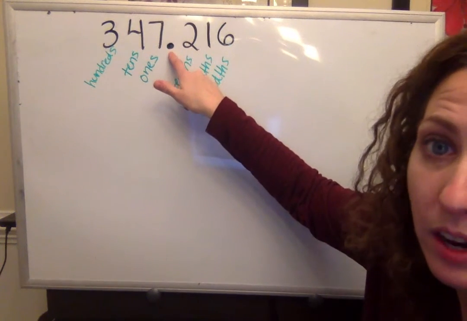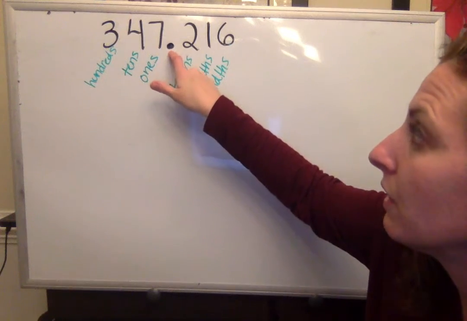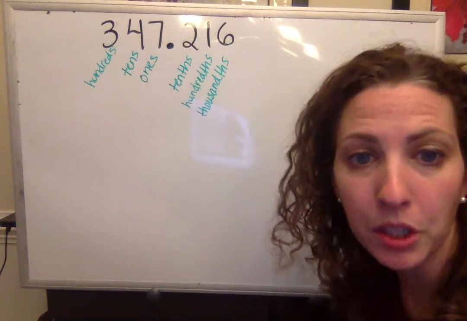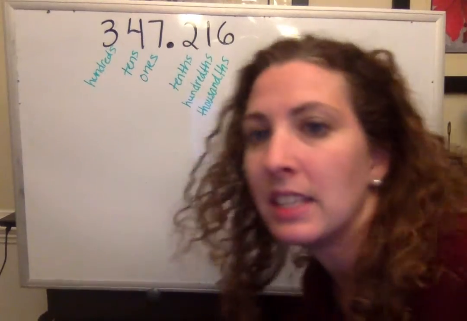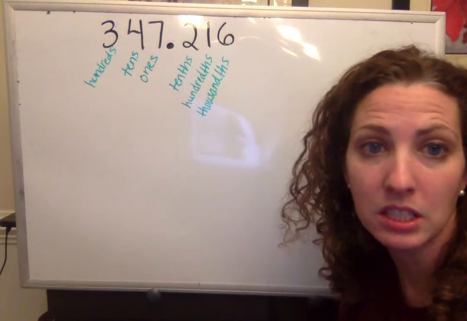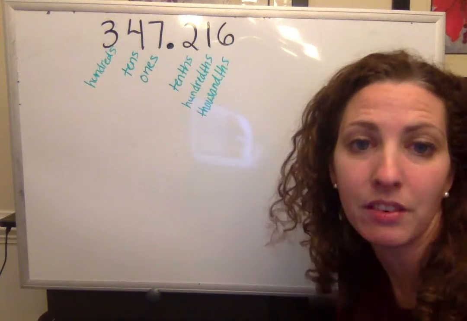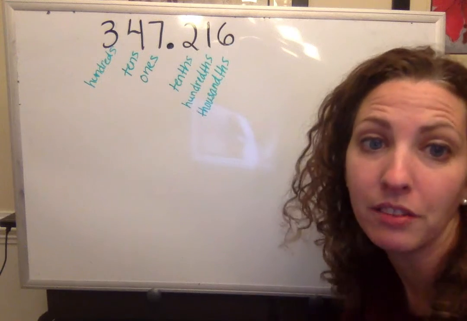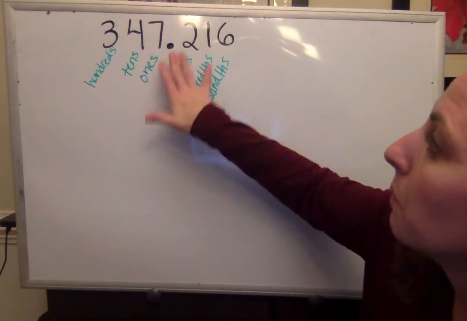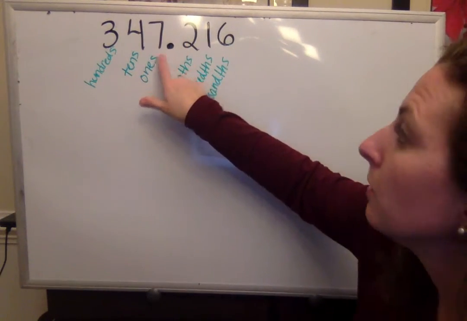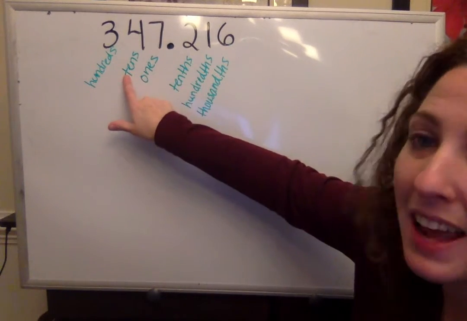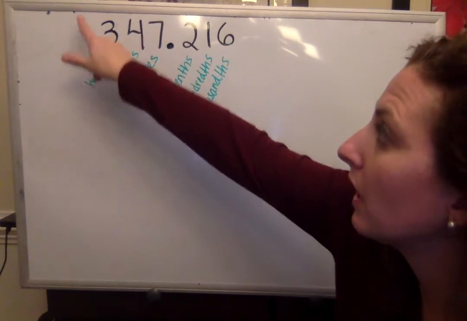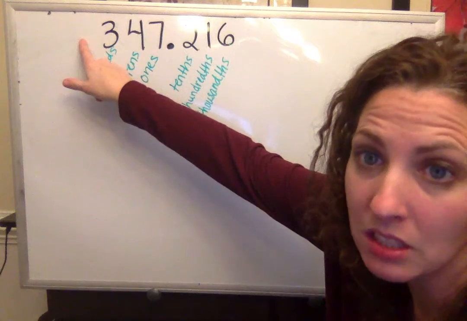It looks like a dot, okay? That's the decimal. Anything in front of it is a whole number, and anything behind it is not a whole number. It's a piece of a number, a fraction of it, so to say. So you've got your decimal point here, ones, tens, hundreds. If I had a fourth number there, that would be thousands, okay?